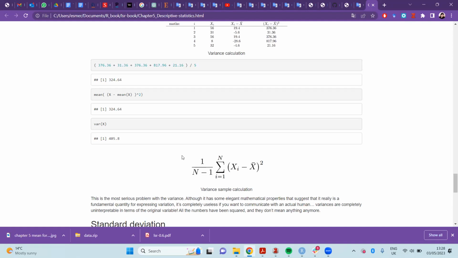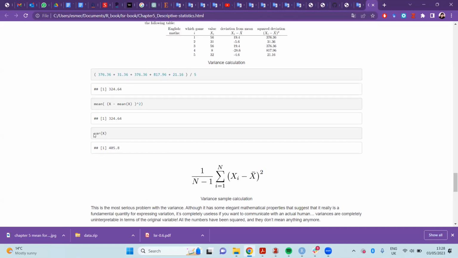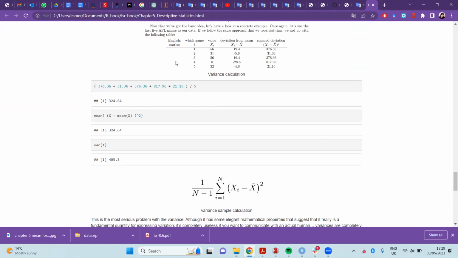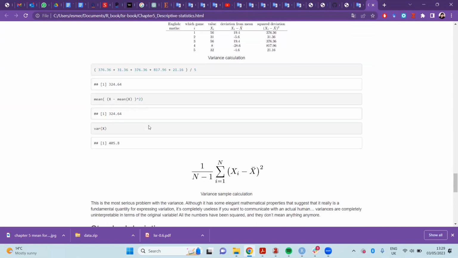The book says this is going to be explained more deeply in later chapters, but for the moment, consider that when using the var function, R is using the sample formula rather than the population one, which is indeed more appropriate for our data set, as it's just five observations from a whole population.